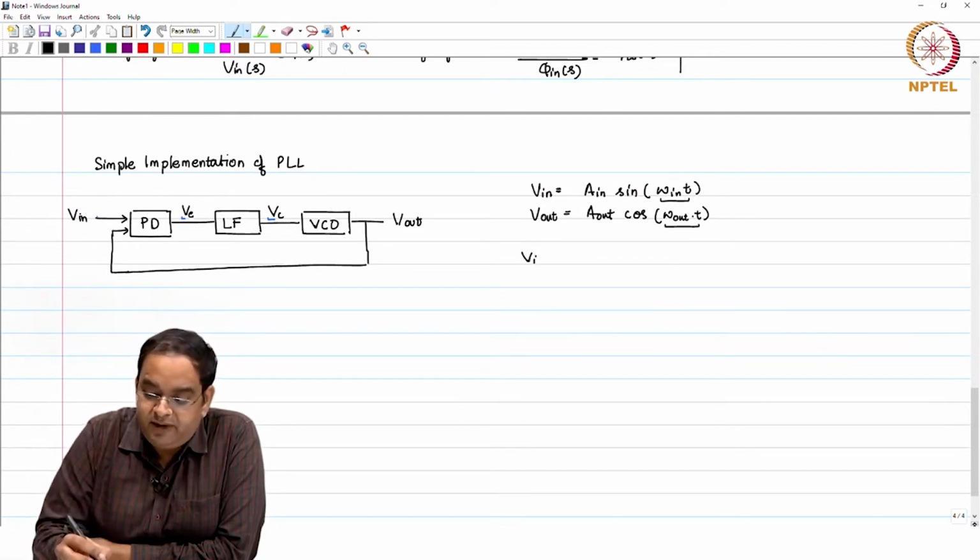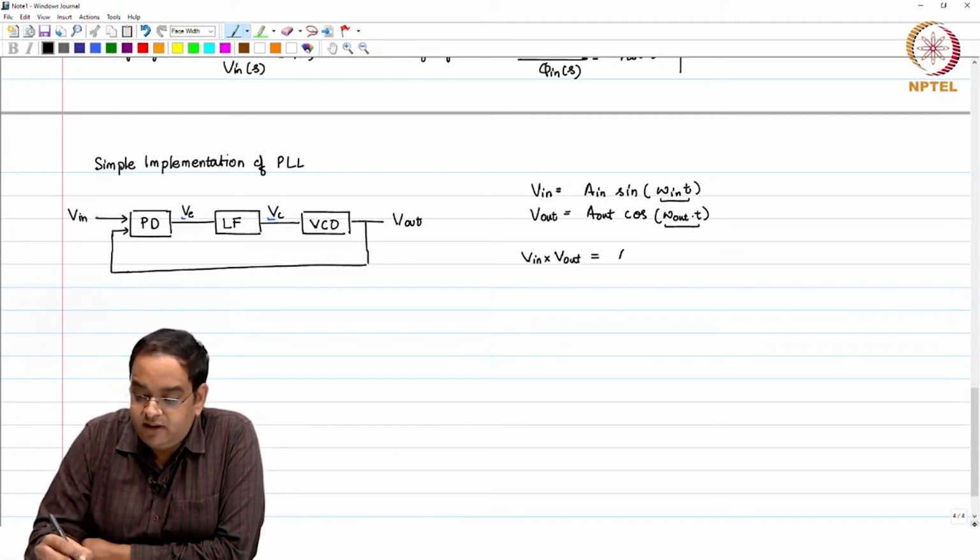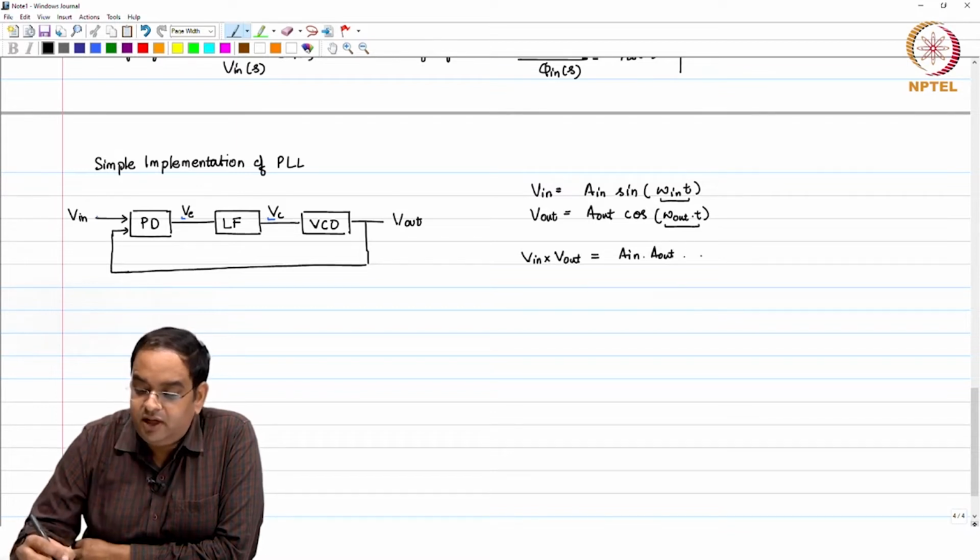So, when I multiply V in and V out, what do I get? A in times A out into sine of omega in t times cosine of omega out t.